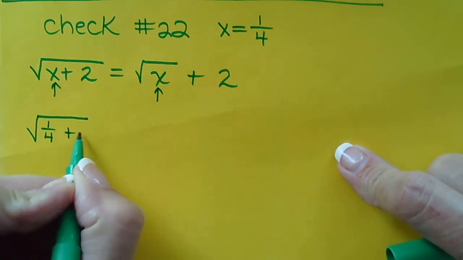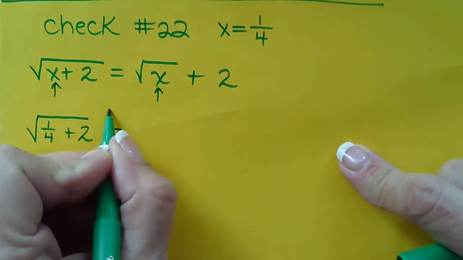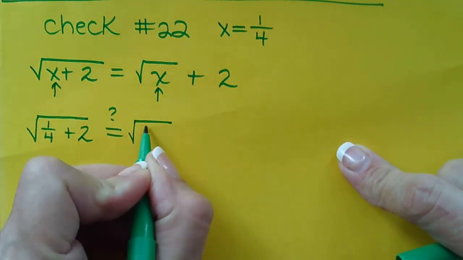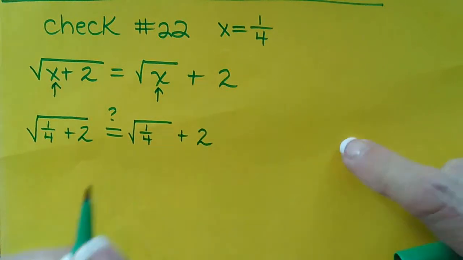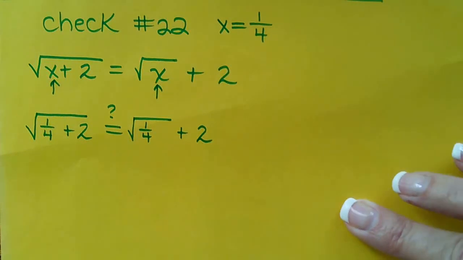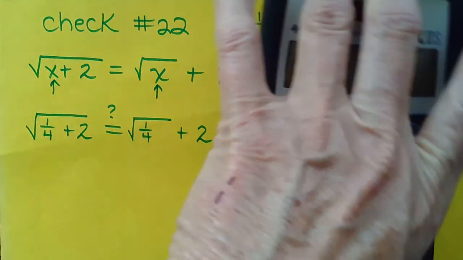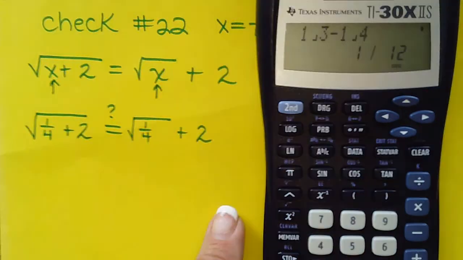So 1/4 plus 2 underneath the square root, does that equal square root 1/4 plus 2? So that is the question. So let's go ahead and I'm going to turn on the light here to make that a little brighter.